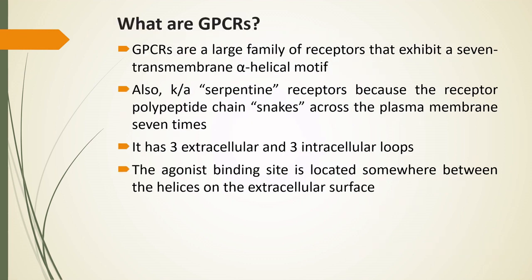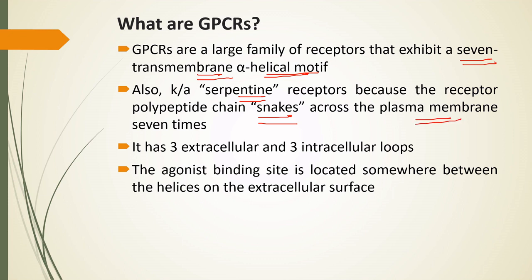So what are the G protein coupled receptors or GPCRs? Now these GPCRs are a large family of receptors that have a 7 transmembrane alpha helical motif structure. They are also known as serpentine receptors. Why serpentine? Because the receptor polypeptide chain just looks like a snake when it crosses the plasma membrane.